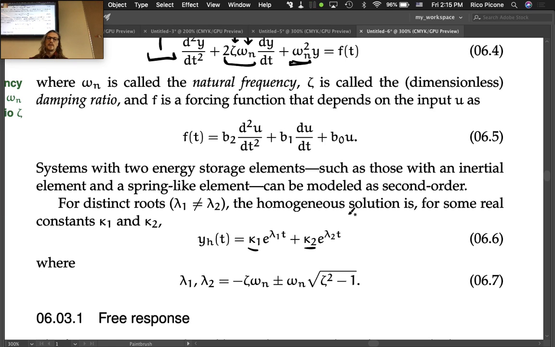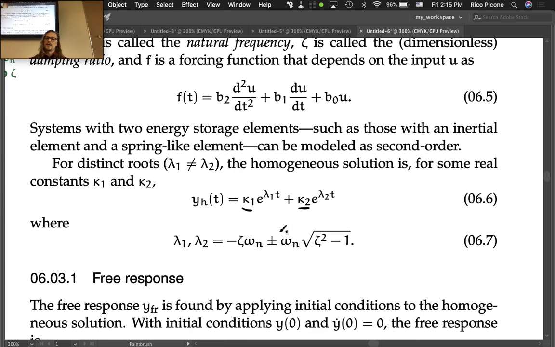So lambda 1 and lambda 2 are your two roots of the characteristic equation. If you use the quadratic formula to solve for them, which I did, you will find equation 6.7.